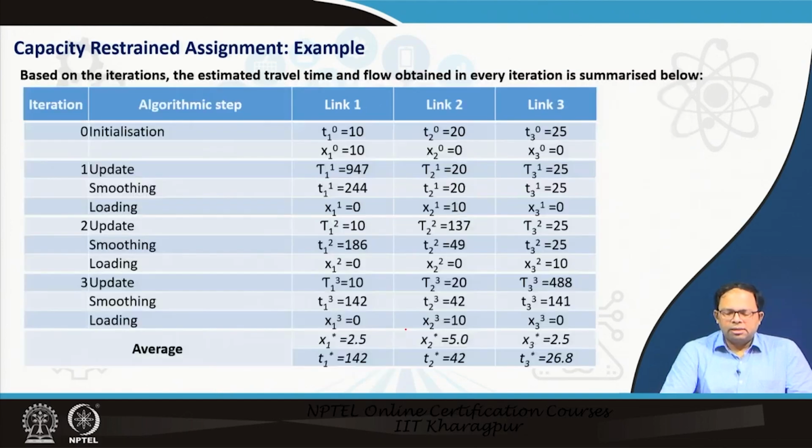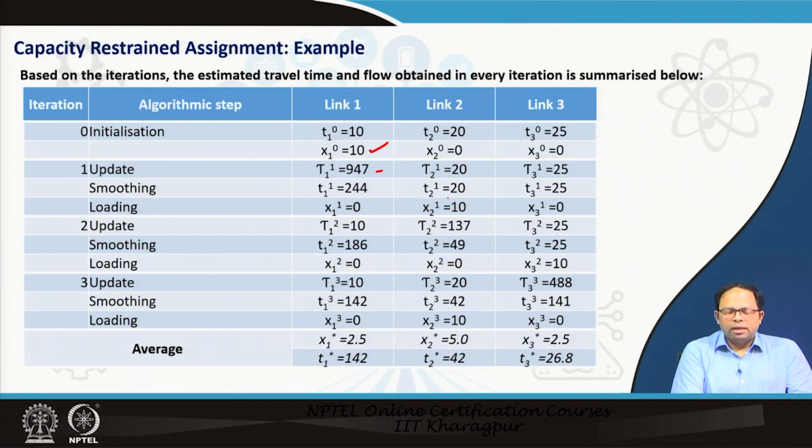Let's see the results. Over here we initialize. So for the entire traffic volume, T1 is 10, T2 is 20, T3 is 25. So the entire volume is assigned to link 1. So we update, T1 becomes 947, T2 remains 20, T3 is 25. So that means this is the lowest one.